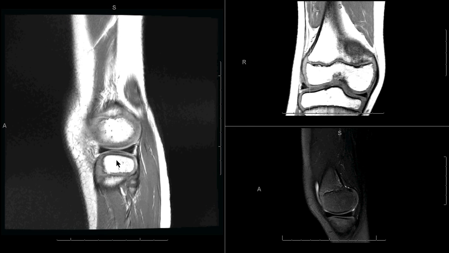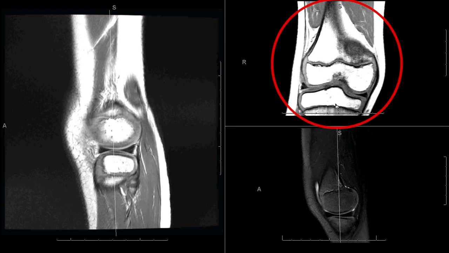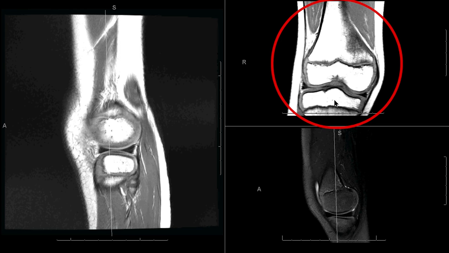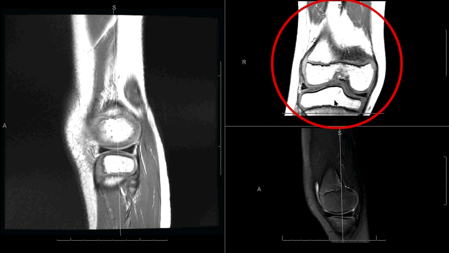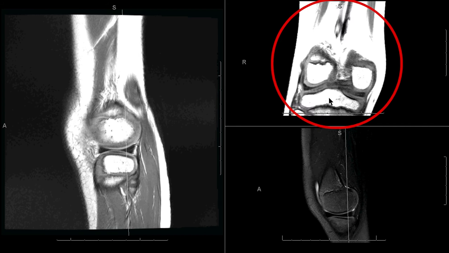The other way to look for discoid meniscus is to take the mid aspect of the knee, and so we're going to go here, mid aspect of the articular surface of the femur, and look at the corresponding coronal image. And you can see here by just the visual that the meniscus is nice and thin, and there's no body of meniscus within the joint space.